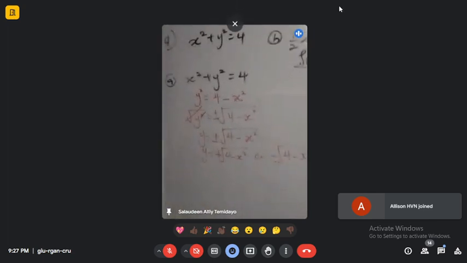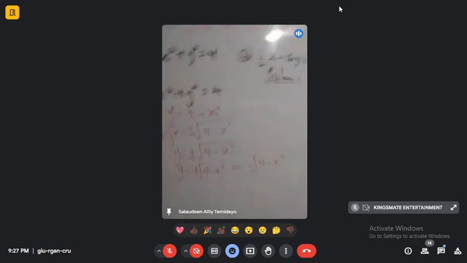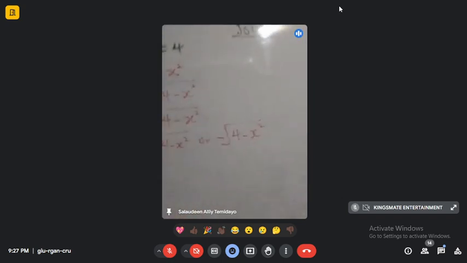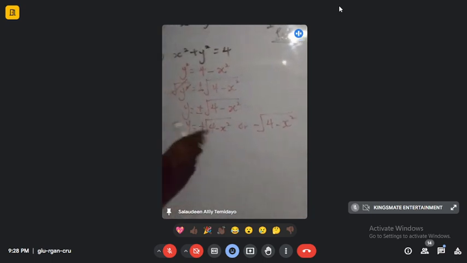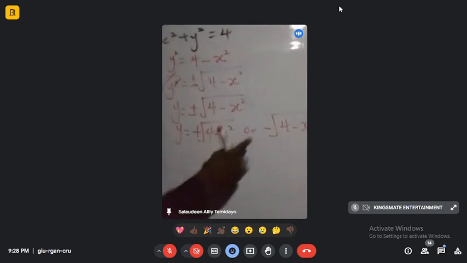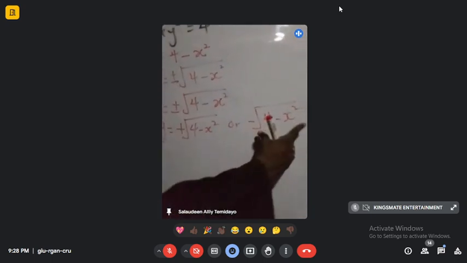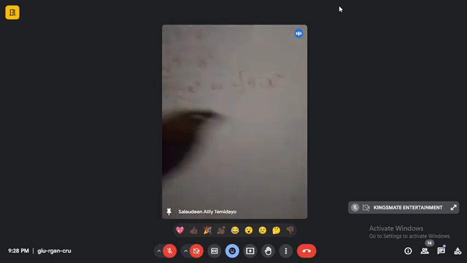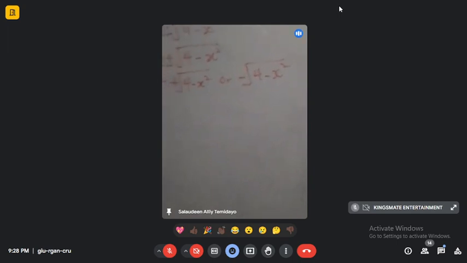I could see that some people were doing some evaluations, like let us input 1 as the value of x. You might not necessarily do that. What you just need to look at is, this is plus root 4 minus x squared. This is minus root 4 minus x squared. You can see there are two different values. This is negative, this is positive. So y is having more than one value.